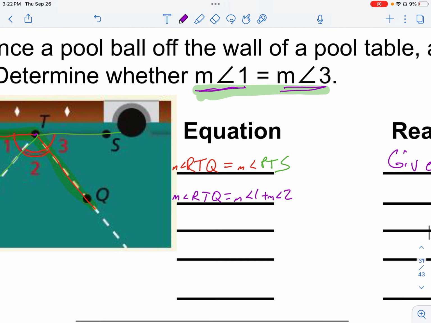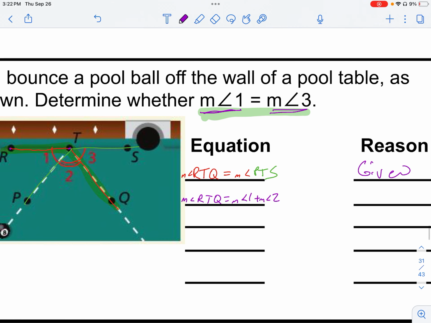Because if we remember back, our angle addition postulate tells us that when we have a big angle that's cut anywhere inside of it, the two smaller angles will add up to the big angle.